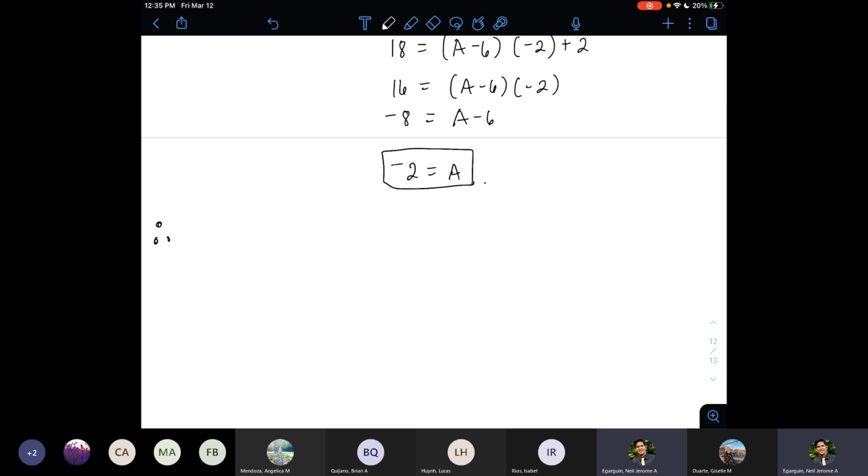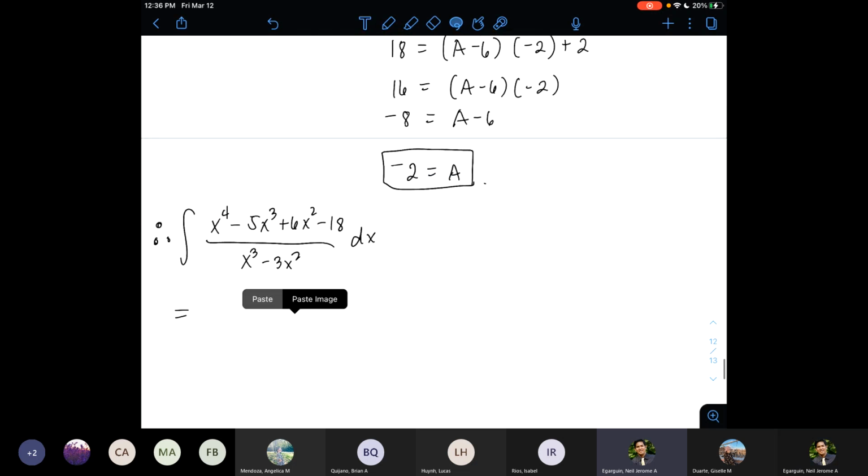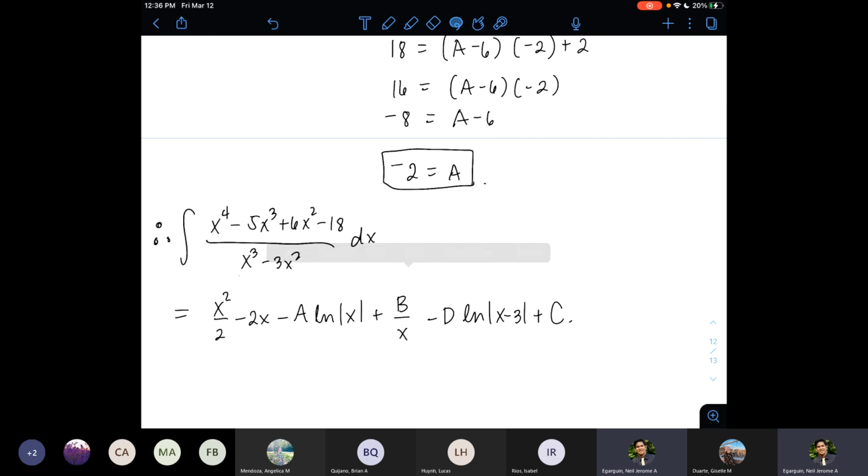So therefore, we can conclude that the integral of x to the fourth minus 5x cubed plus 6x squared minus 18, all over x cubed minus 3x squared, dx, is equal to exactly the same form that we got earlier. But now we already know what a, b, and d are.